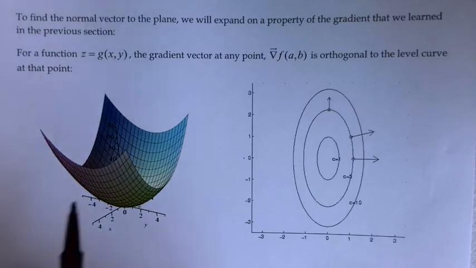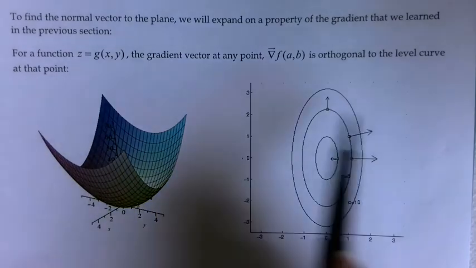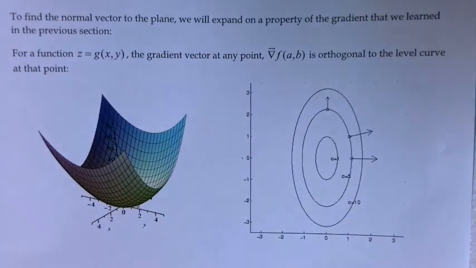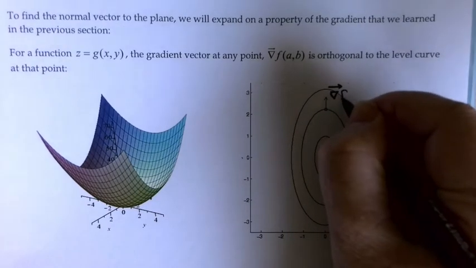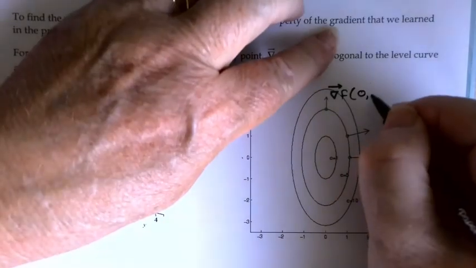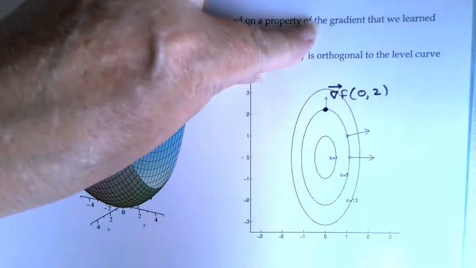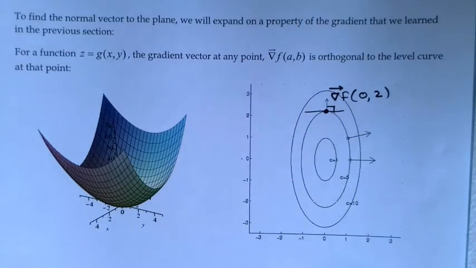Remember how we said that if we take a surface like this and slice it through to make level curves, then the gradient vectors are always perpendicular to the level curves? This would be the gradient of f at the point 0, 2, and it's perpendicular to the curve at the point 0, 2. And so on. I need to three-dimensionalize that concept.